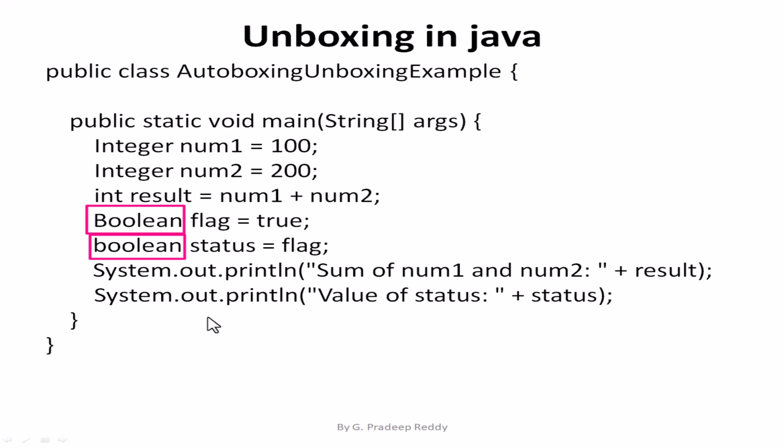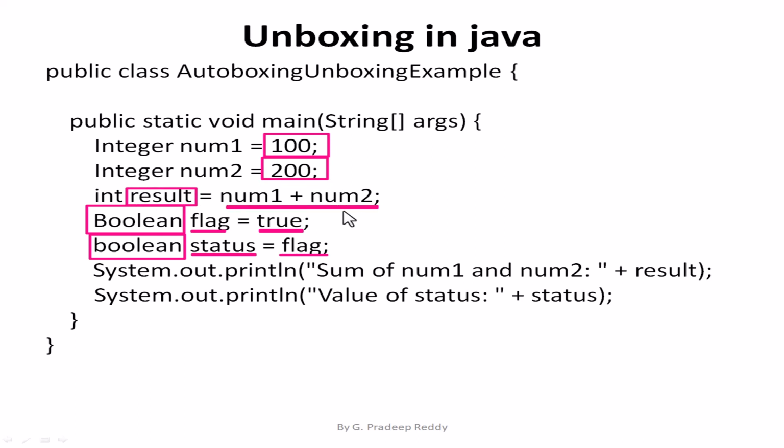Here we have created a boolean variable flag, which is going to hold true. Then boolean status is going to hold the flag. We have declared number 1 and number 2, which are 100 and 200. Finally the content should be added in the result, so result is going to add number 1 and number 2.